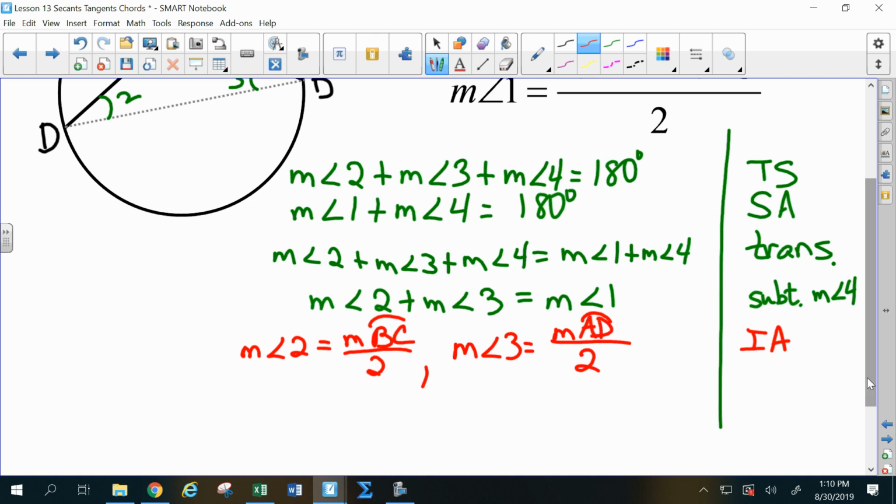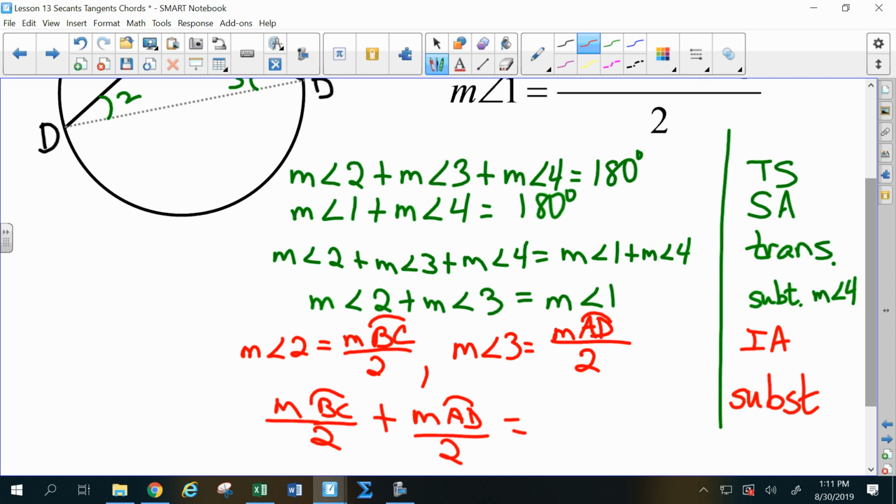So, okay, if I substitute, I've got measure of angle 2 plus measure of angle 3, so I'm going to put these halves of arc measures in there, and I have the measure of arc BC over 2 when I substitute for the measure of angle 2, and I have the measure of arc AD over 2 when I substitute for the measure of angle 3, and that's the measure of angle 1.